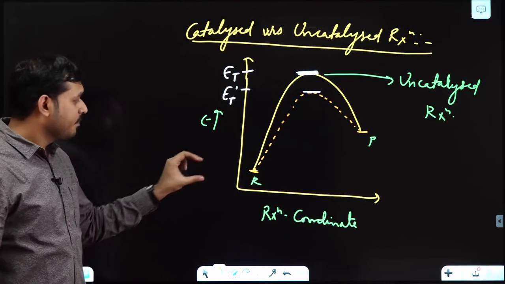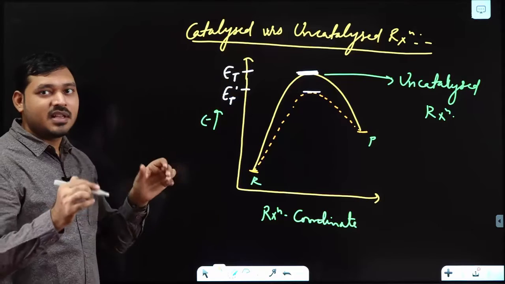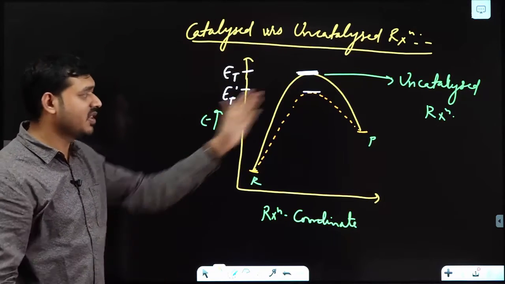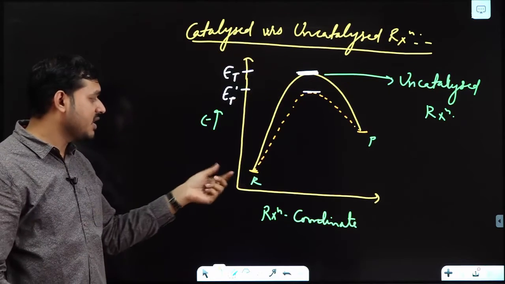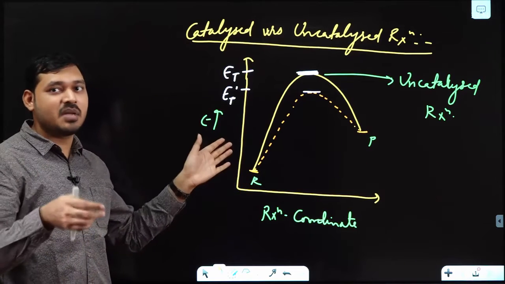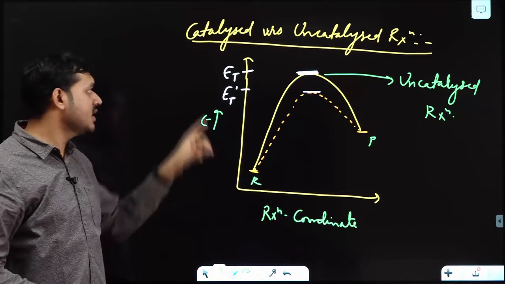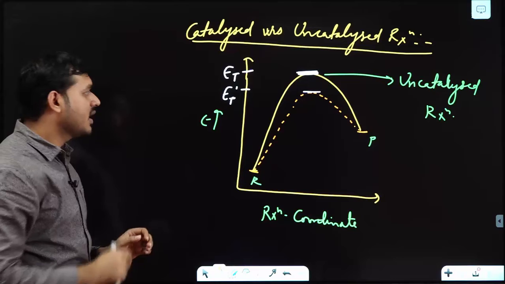Threshold energy means ER plus activation energy of forward, the total amount of energy which must be possessed by the reactant for this conversion into product. Total amount of energy means the potential energy possessed by reactant plus the additional amount of energy which must be given to the reactant, that is activation energy. That total is threshold energy. So the threshold energy is decreased due to taking catalyst.